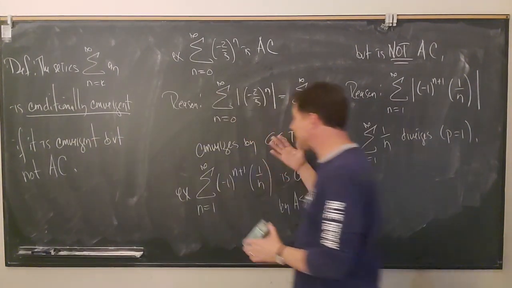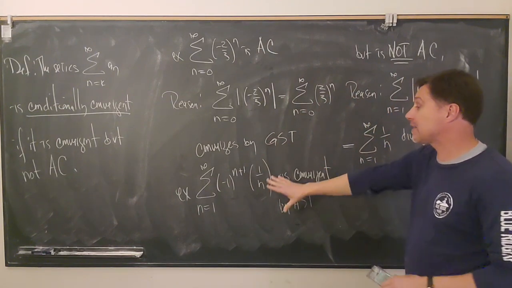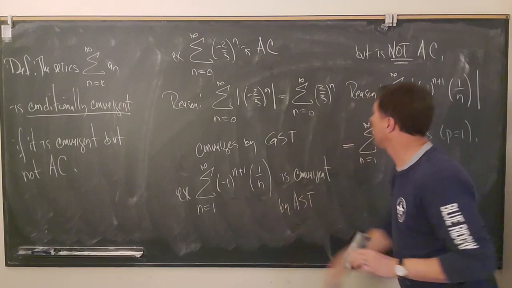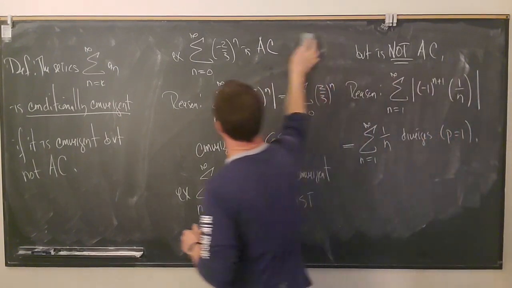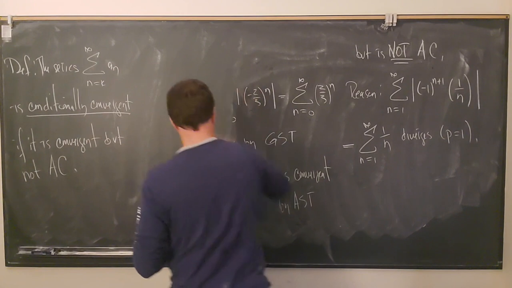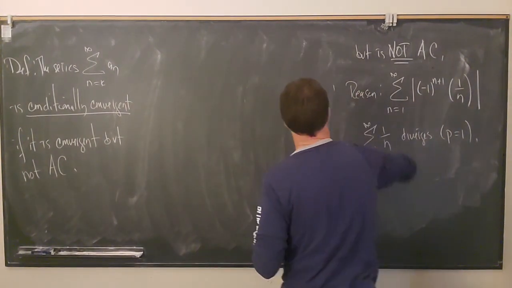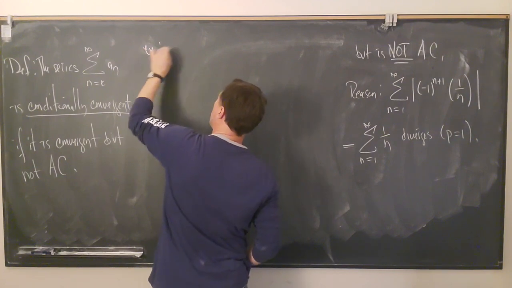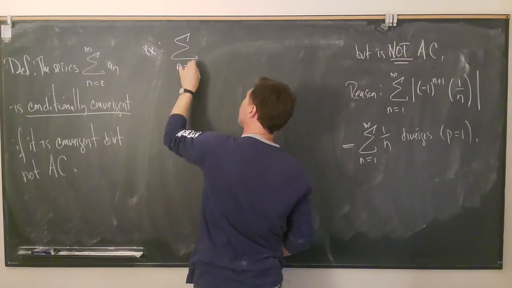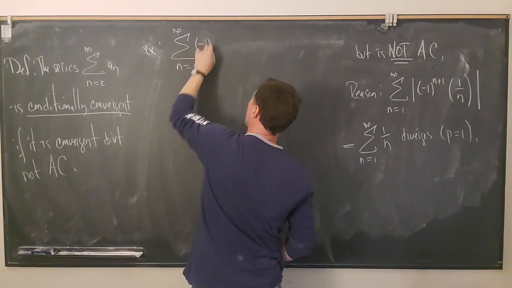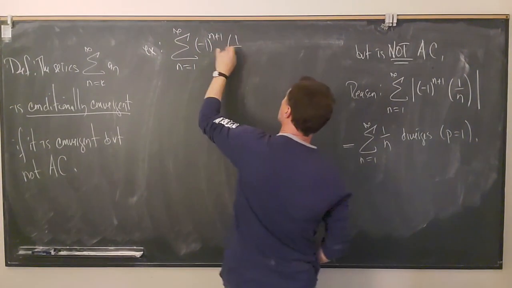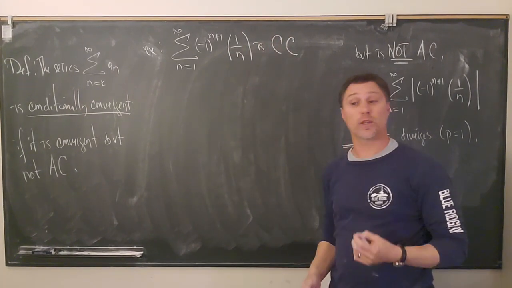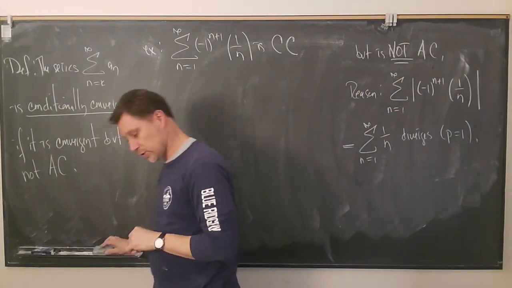So this last example that I did, I'll write this down. This last example is an example of a conditionally convergent series. It's convergent, but it's not absolutely convergent. So, all right, by the work that we did just a second ago, the alternating harmonic series is, I abbreviate it CC, conditionally convergent. It's convergent, but not absolutely convergent.